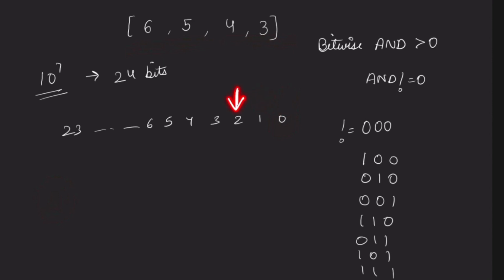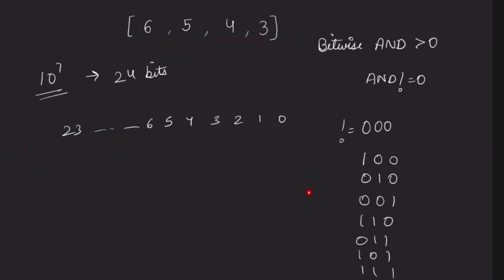Then again for this bit, you can check how many numbers have their bit as 1 at this particular place, right? And then you can check this for all these bits, from 0 to 23. Then for every bit position, you will have the number of elements which have their bit as 1 at that particular place, right? So what you can do is identify that out of these bit positions, whichever has the maximum number of elements, that is going to be your answer, right?